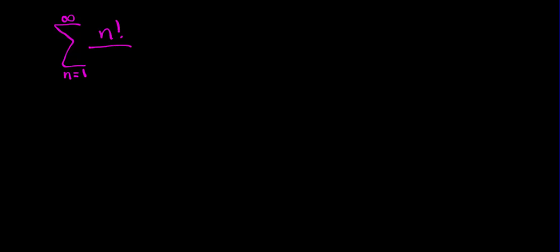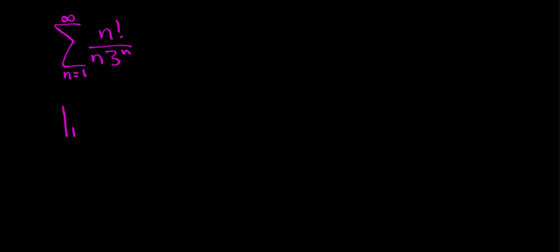So we've got n factorial over 3 to the n. I haven't been putting in the absolute values because none of these have required it, because they've all been just positive terms. If we had an alternating series, then I would go ahead and put in an absolute value. But let's see what we've got here.